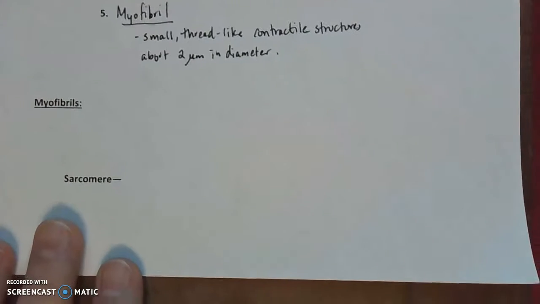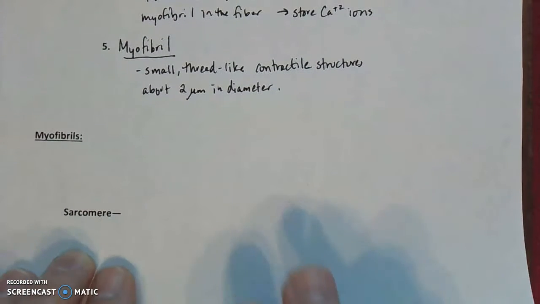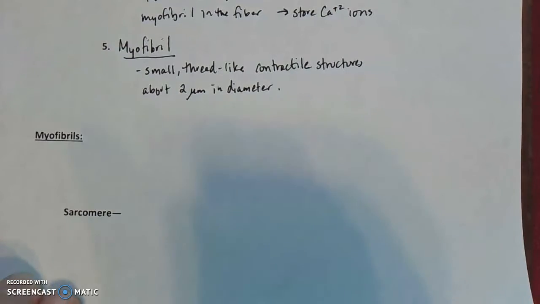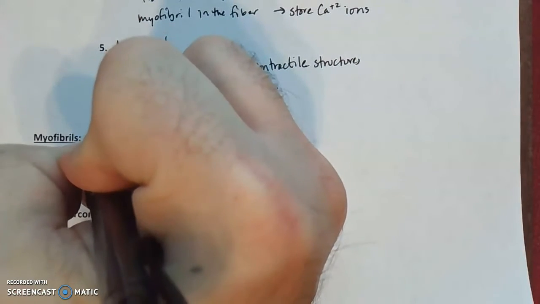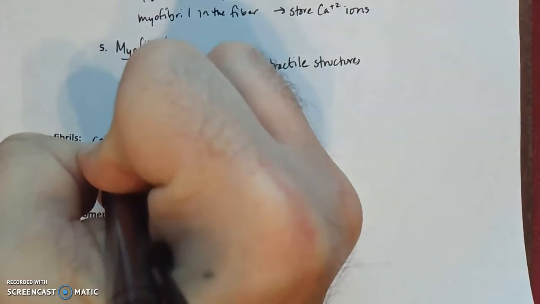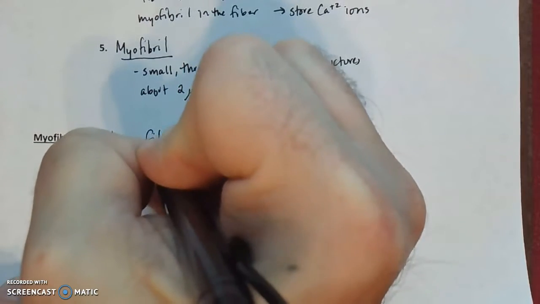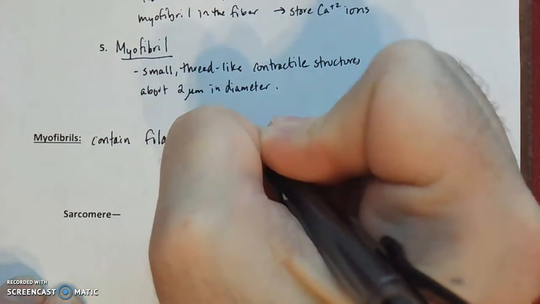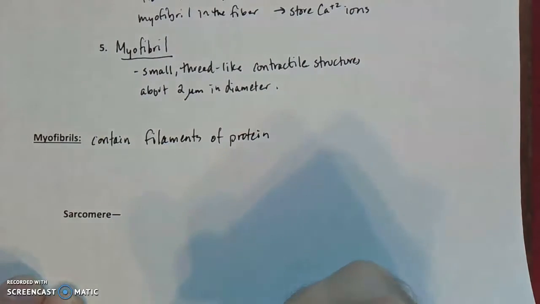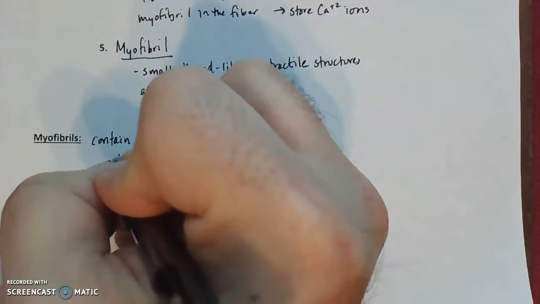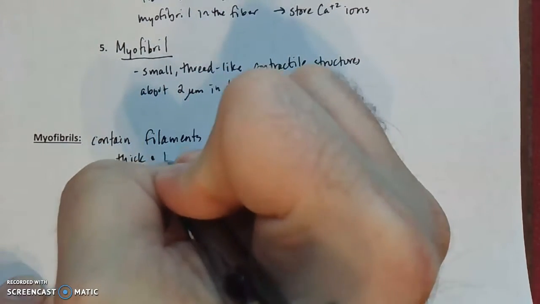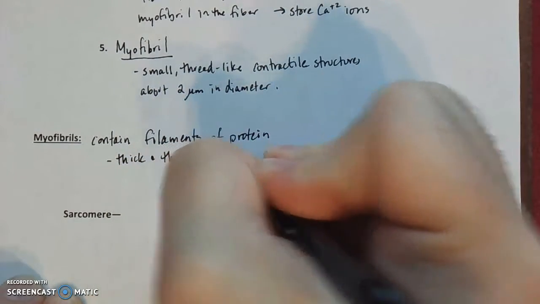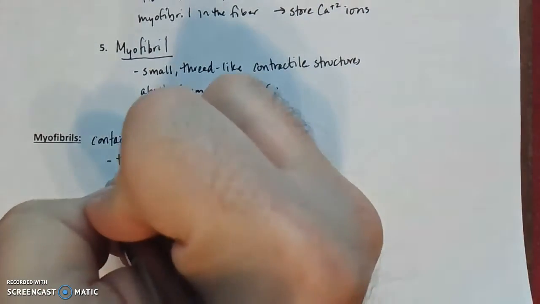So all of these pieces together help form our muscle fiber. Let's go back to the previous page and talk a little bit more about these myofibrils and sarcomeres. Myofibrils contain filaments of protein, and they are referred to as the thick and thin filaments because of their structure and appearance.